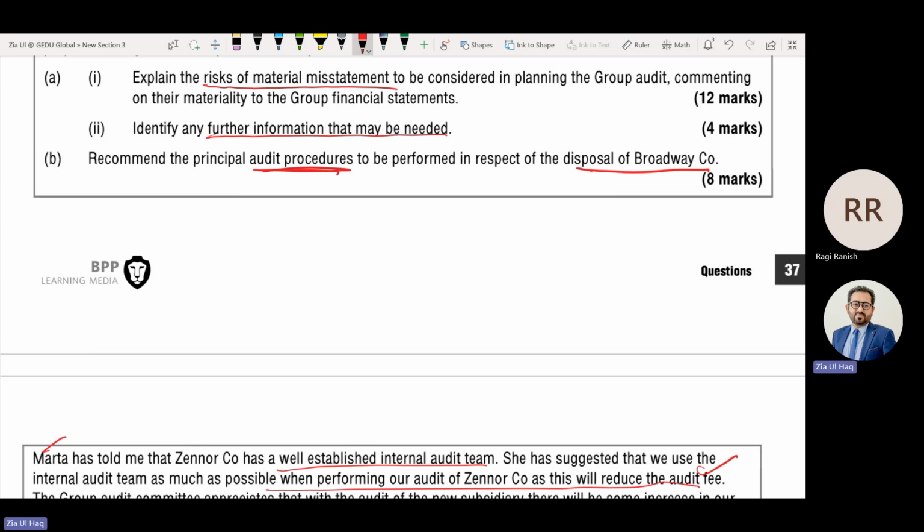Can you try by yourself to assess how many you are able to write down at the moment? Please try to write down procedures to verify disposal of Broadway.